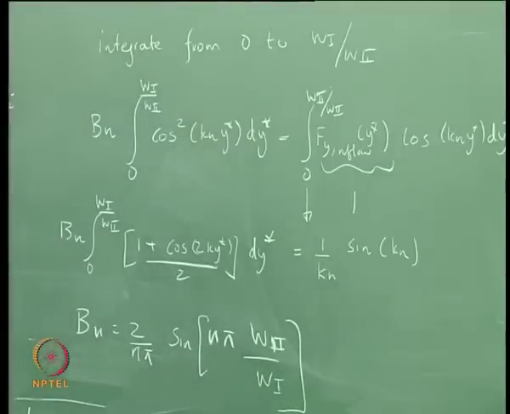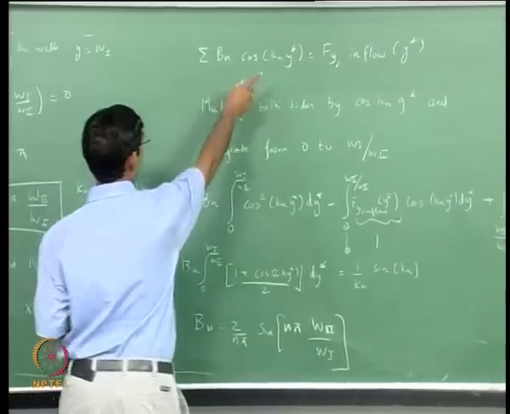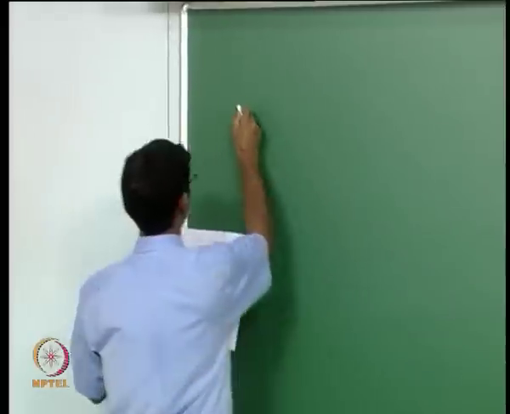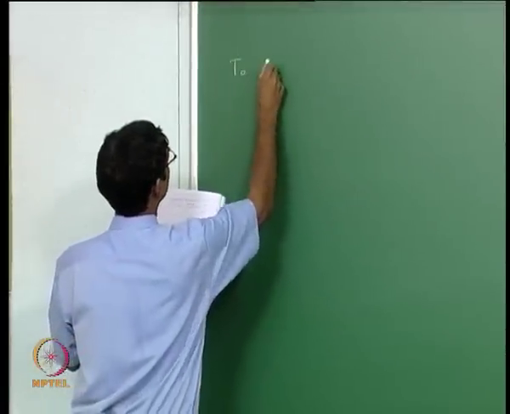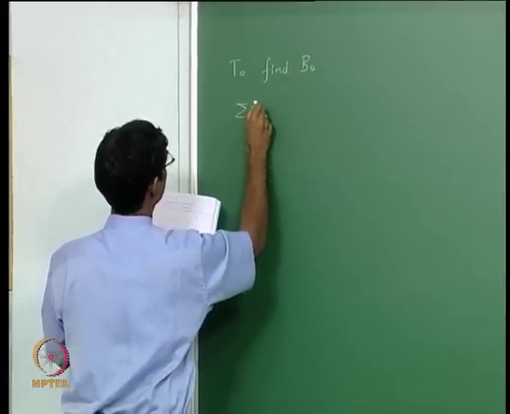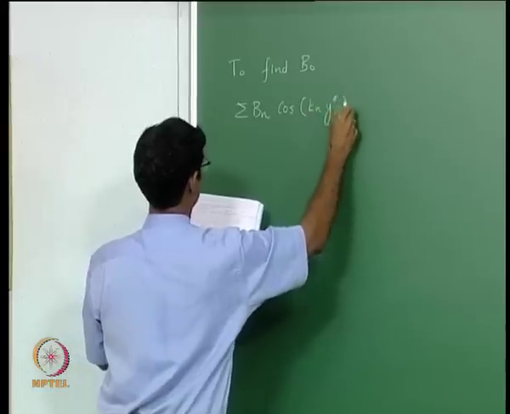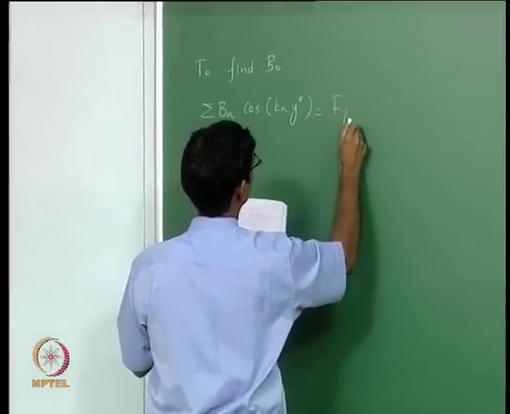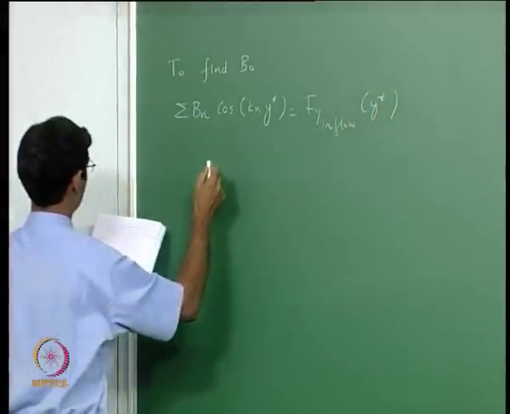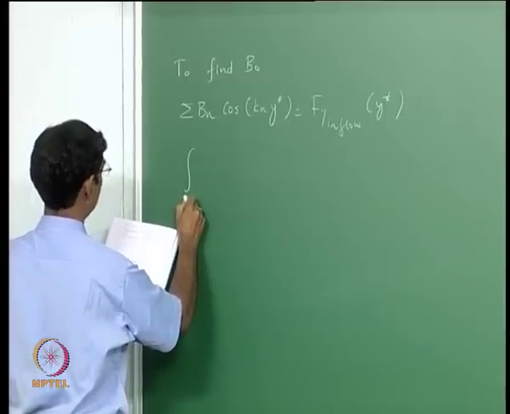So now we need to get b naught. For b naught we don't multiply anything, we just integrate that equation. So we have to find b naught. So this is our equation, and we just integrate this.